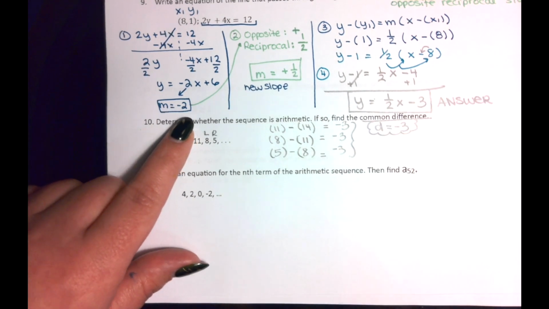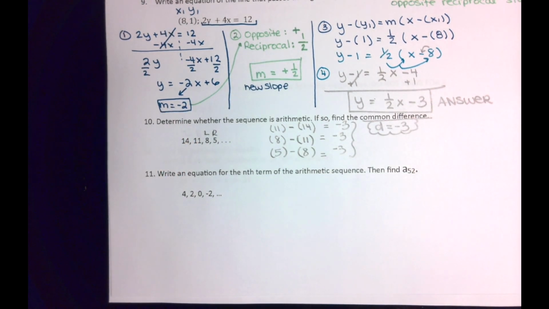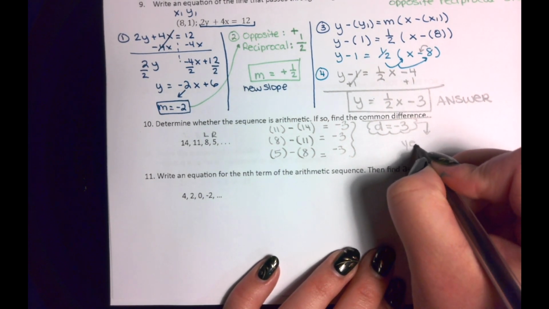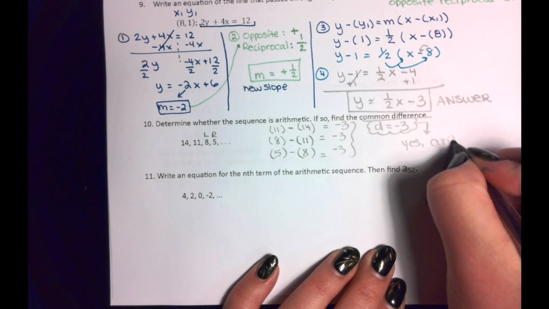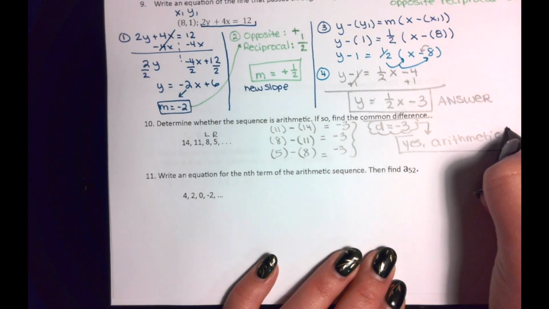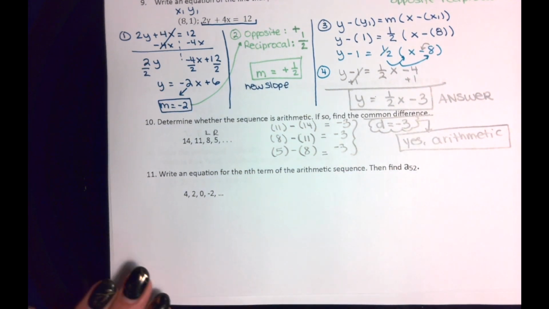But that's not what they're asking. It's a two-part question. It's saying, is this arithmetic? If so, what's the common difference? So the common difference is -3. What does that mean? That means, yes, arithmetic. So it's a two-part question.